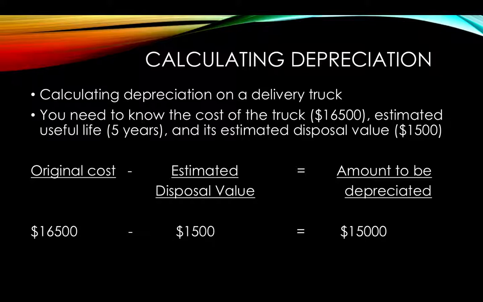So it's not just a random guess. It's an educated estimate based on research. You take the original cost of the vehicle and subtract the $1,500 from it, and that gives us $15,000 to be depreciated over those 5 years.